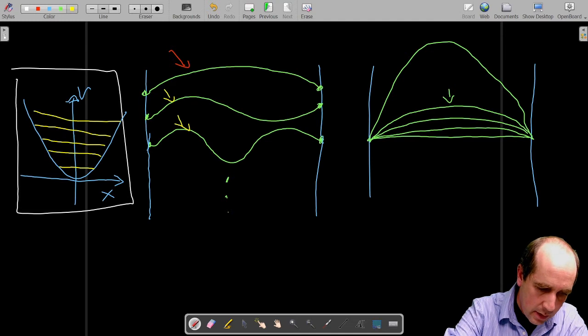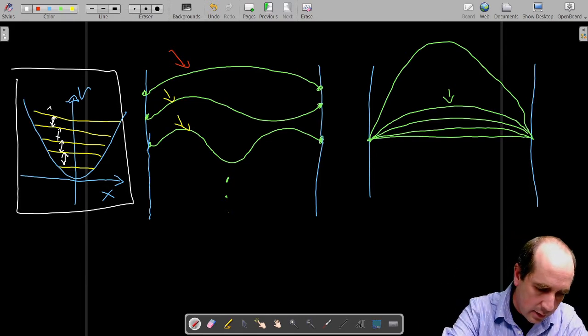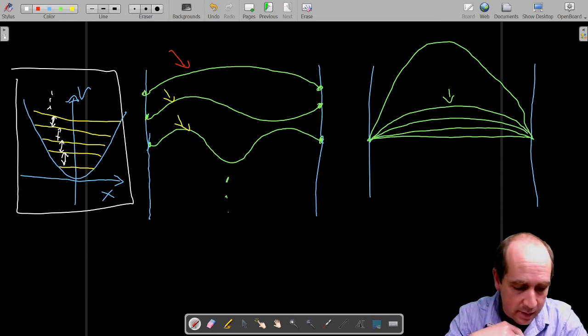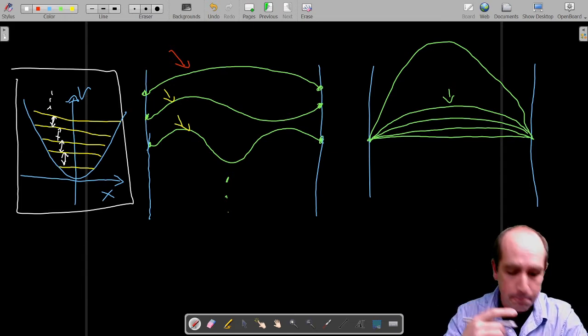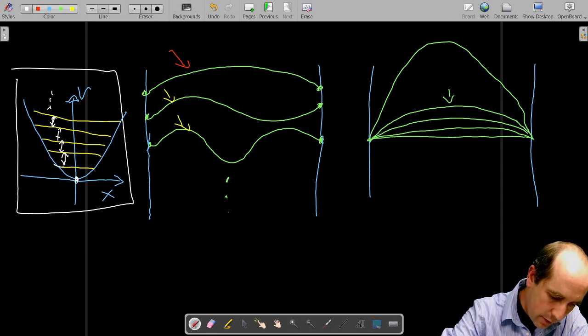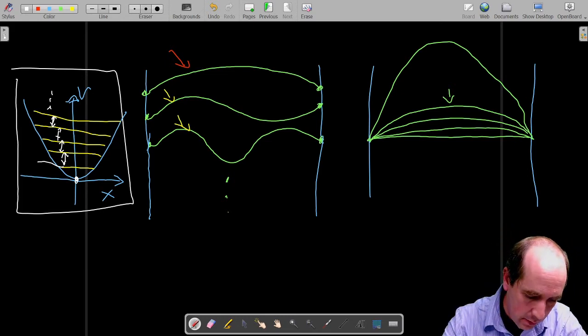The spacing between these two levels is the same as the spacing between these two levels, and is the same as these two levels, and so on and so forth. So this is of course an infinite ladder of equally spaced energies. However, the spacing between the zero energy point and this first point is 1/2 of the spacing between these two.